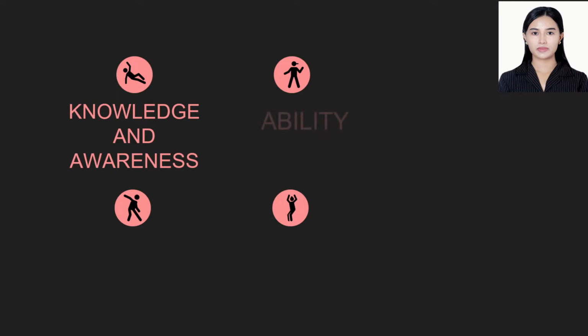Next, we have ability. Ability is one factor in creating your personal safety protocols. Why? You have to be realistic in judging yourself, your ability, and your teammates' abilities and skill level. For example, in cheer dancing, you have to avoid doing stunts if you do not feel confident about it.